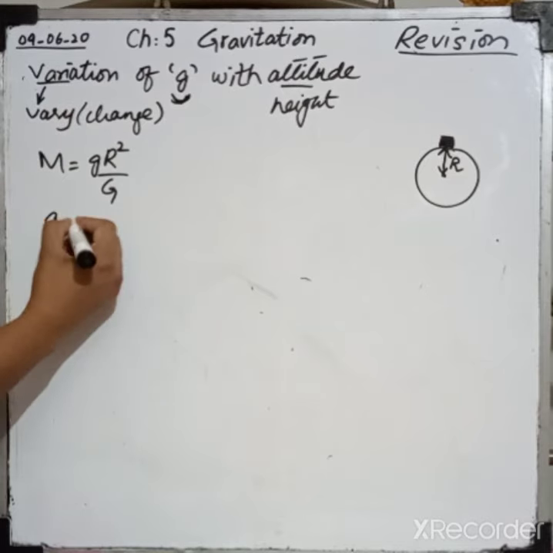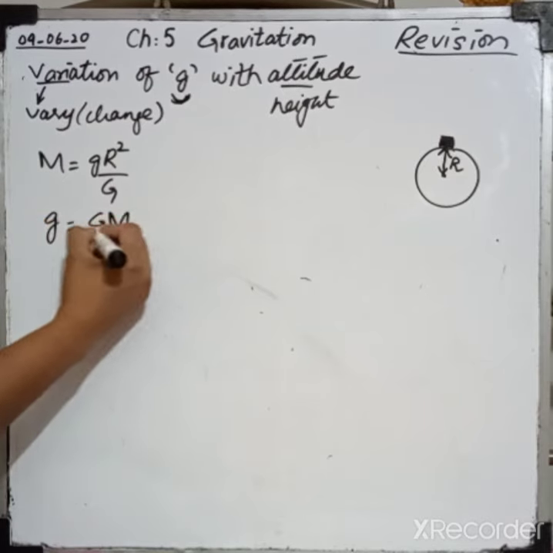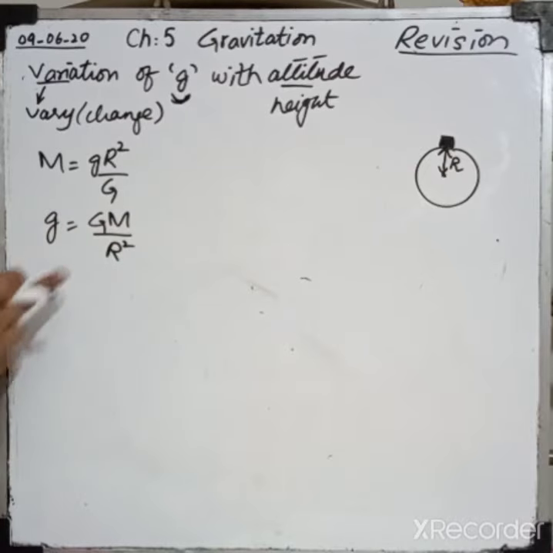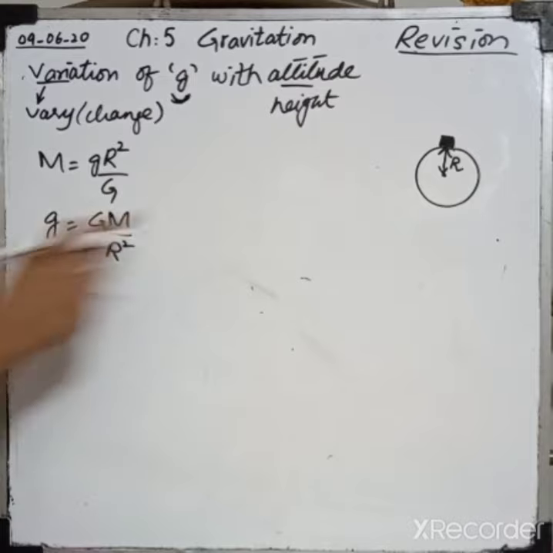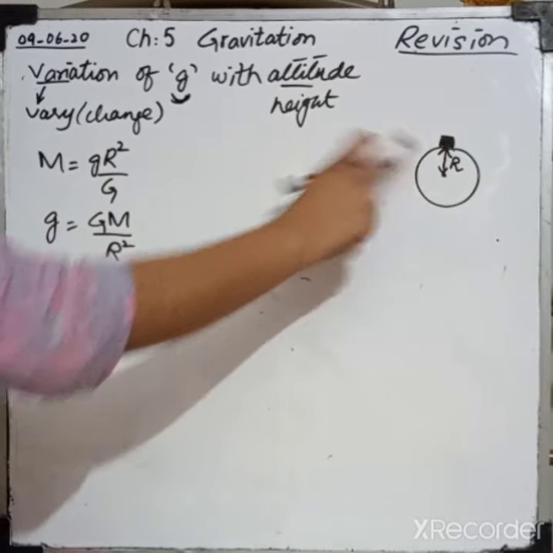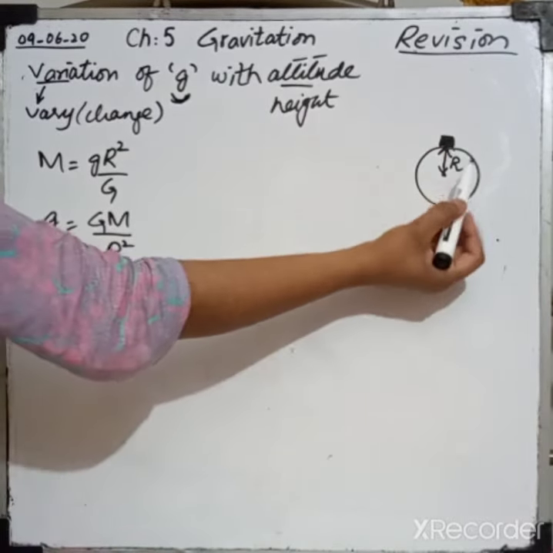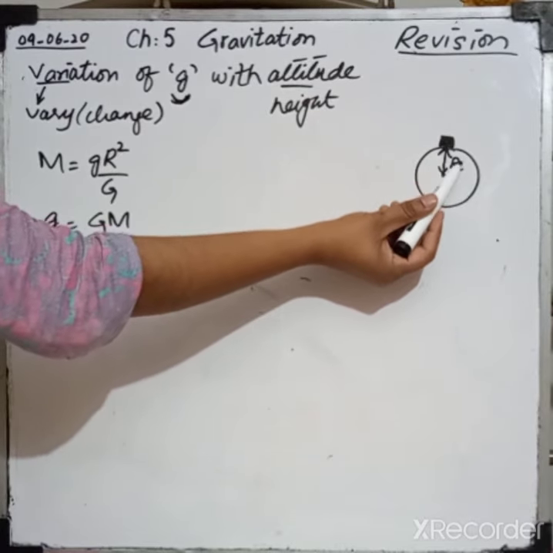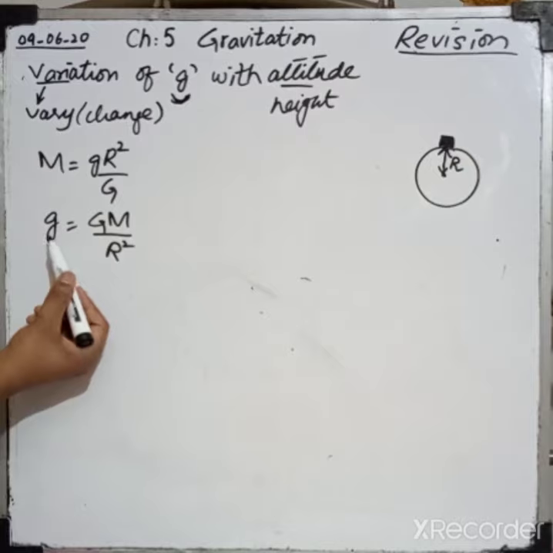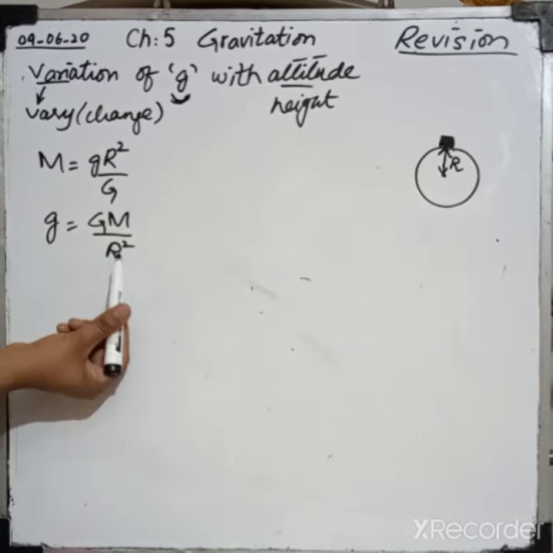For small g it was GM divided by r square. This is the formula for the condition whenever the object is placed over the surface of earth and the distance between the center of earth and the center of this mass was equal to r. So we can write the formula for gravitational acceleration like this.